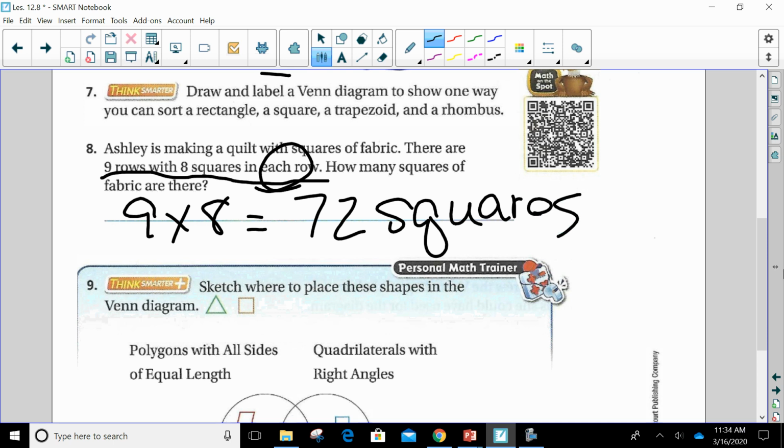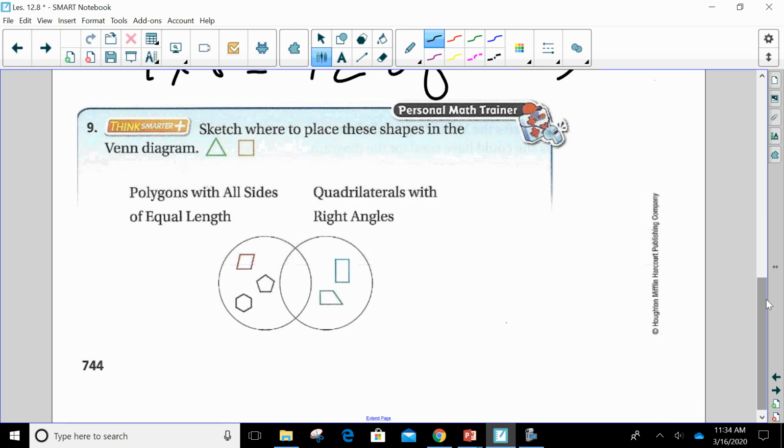All right, let's go on down here. Hopefully we have room for it. Sketch where to place these shapes in the Venn diagram. We have a triangle and we have a square. Polygons with all sides of equal length. Well, an equilateral triangle would do that. Quadrilaterals with right angles. Nope, that wouldn't work. So the equilateral triangle would only go right there because it has equal sides.